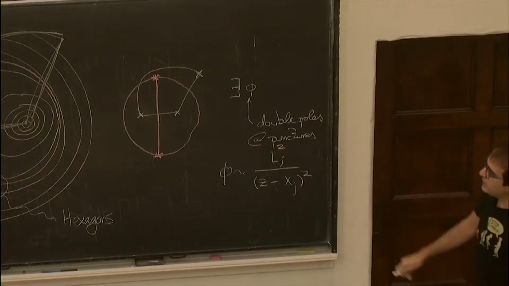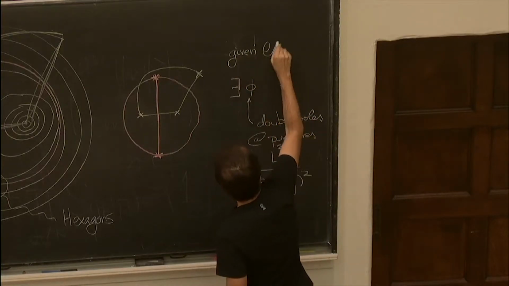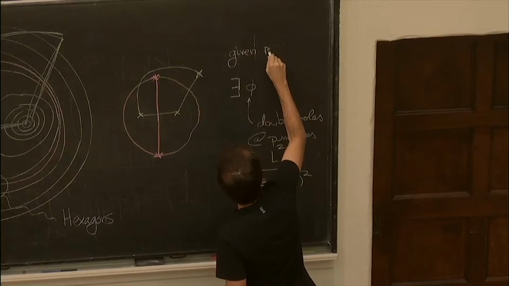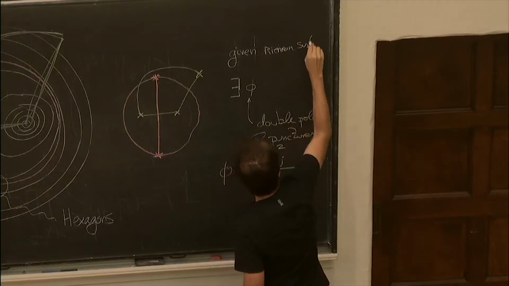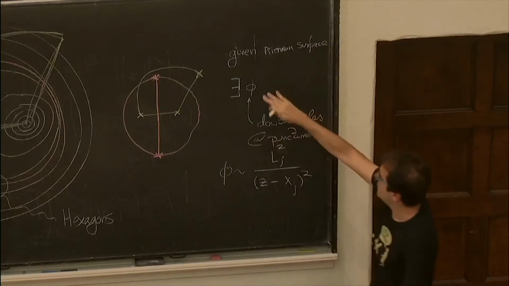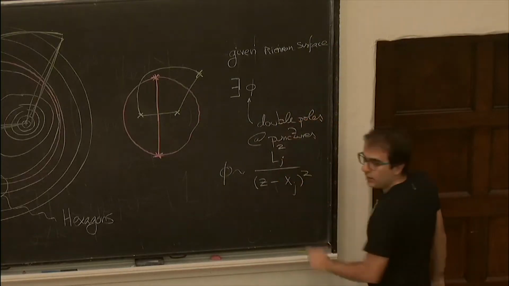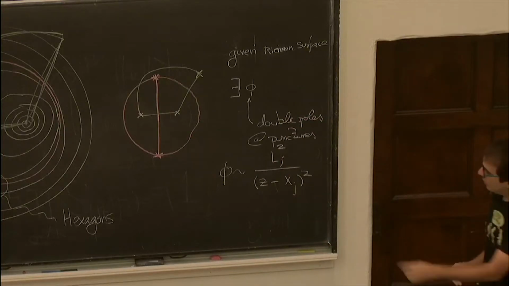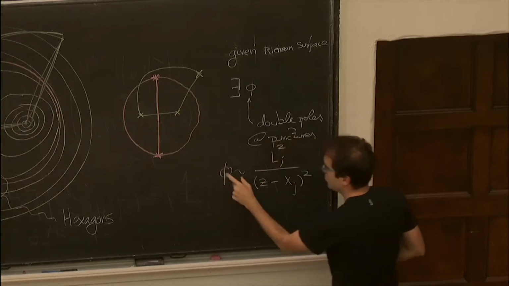We are saying that given some Riemann surface, there exists such a differential which has double poles at the punctures like this. Now, it obeys another property, but for now let's focus on this one.